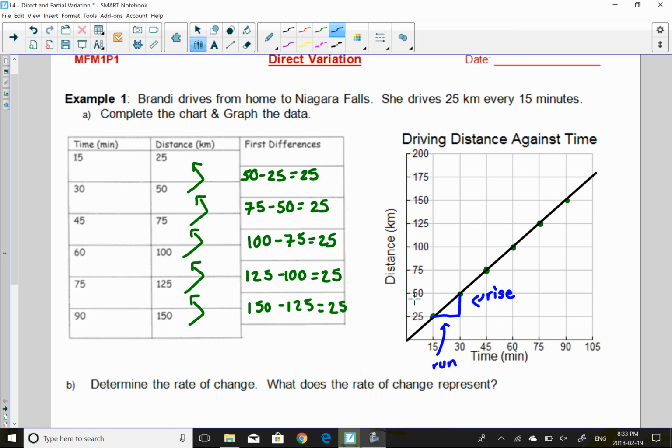From 25 to 50, so that's a difference of 25. So 50 minus 25 equals 25. And remember, I'm just looking across to find those numbers. And the run, let's go downwards. It's 30 minus 15, which is 15. Okay.